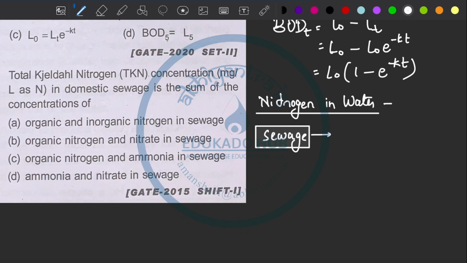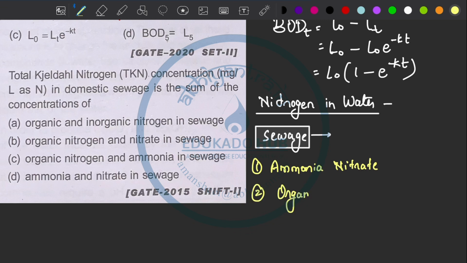So the compounds we trace are, first, ammonia, second, organic compounds, third, nitrite, and fourth, nitrates.